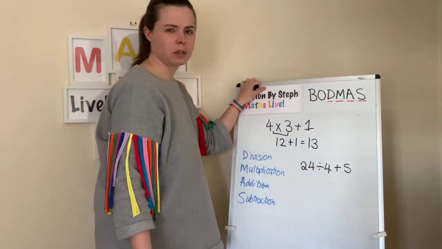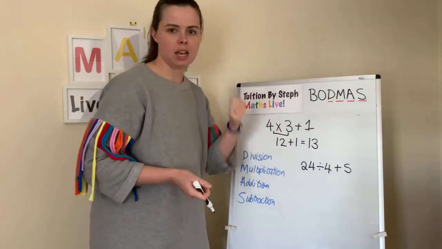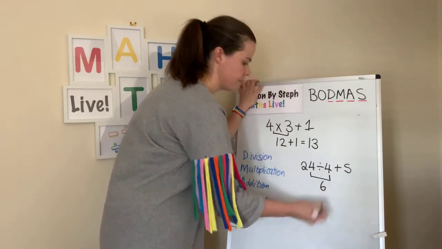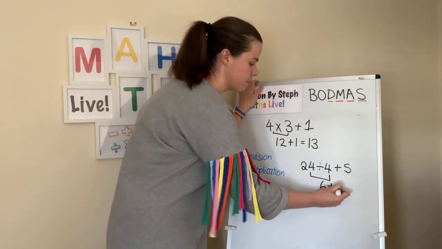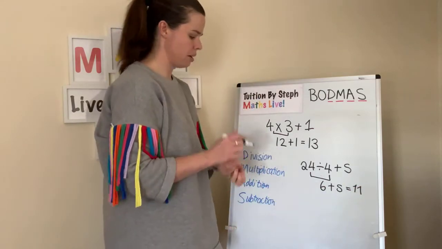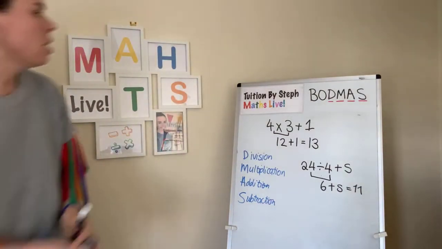So what's 24 divided by 4? 4, 8, 12, 16, 20, 24. So that's 6 there. And then we add our 5, and that is 11. Brilliant. We have followed the order of calculations.